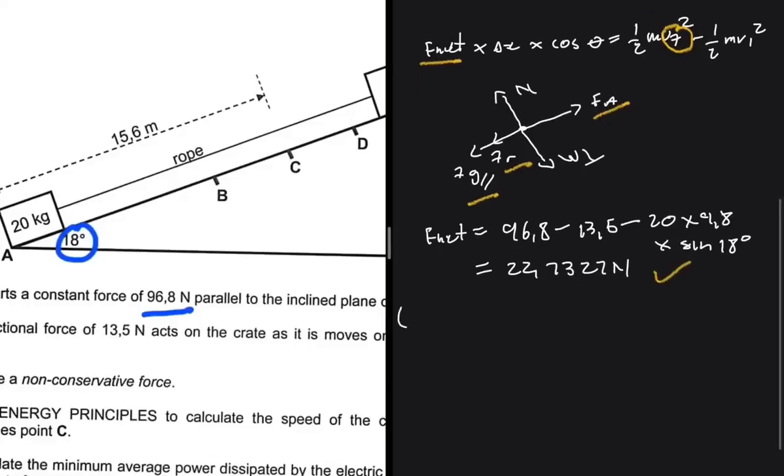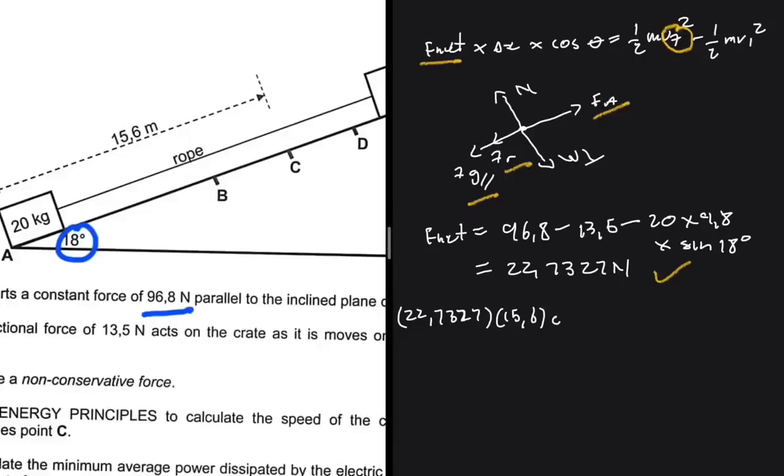Now that we have F net, we can put it in our equation. In place of F net, we put 22.7327, and in place of delta x, we have 15.6. The object is moving up the incline, and the F net is also pointing up the incline, so the angle between those two should be 0.